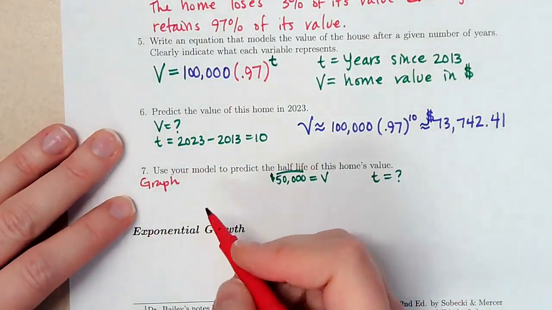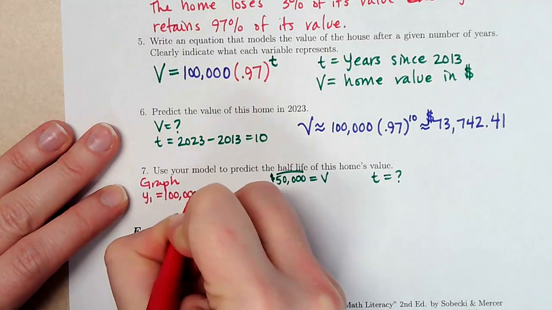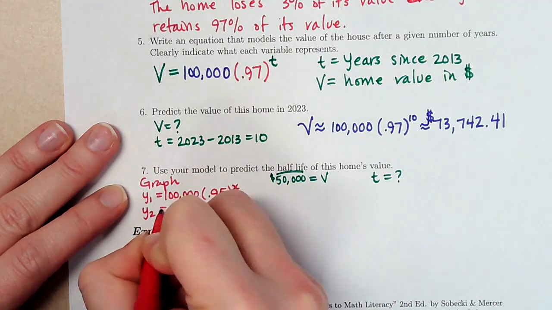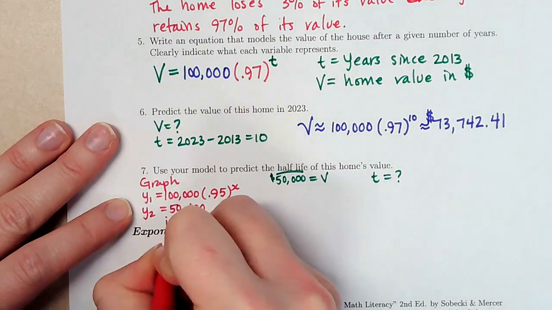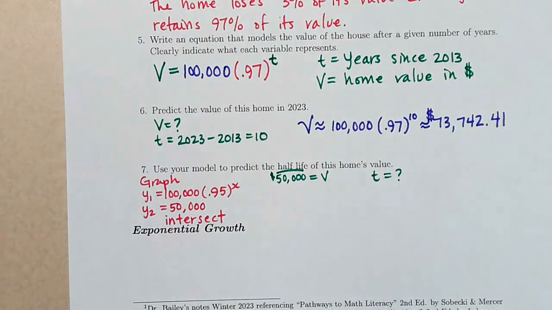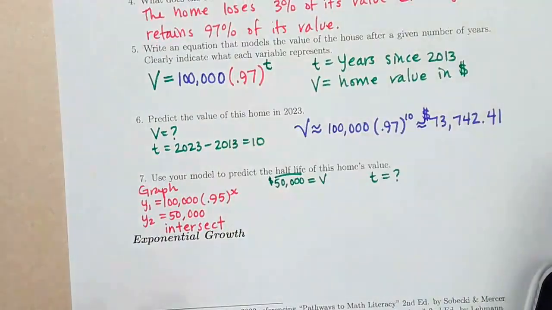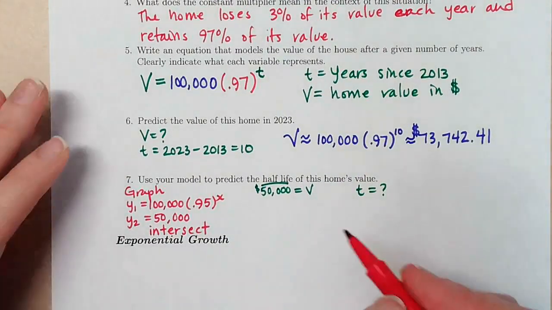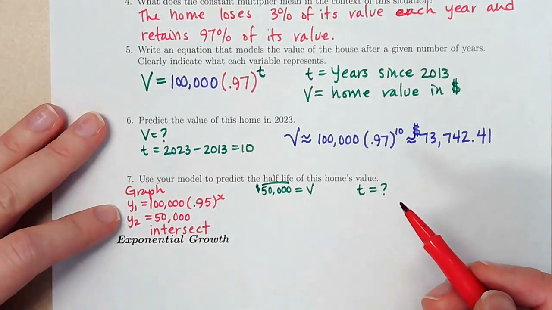If you use the graph in Y1, we would put 100,000 times 0.97 to the X, and in Y2, we would put in 50,000, and we would graph it, zoom out until we find their intersection, and use second calc to find their intersection. But I'm going to use the equation real quick. Maybe both. It's good to have a check. So if you're going to use the graph, those are the steps you would take.